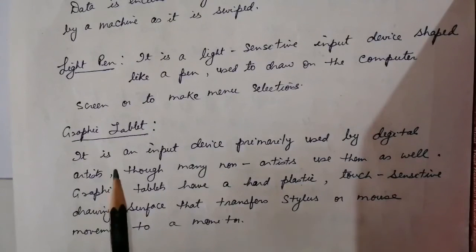It contains a tablet and a pen through which we adjust the pressure, which helps them paint in any application like Photoshop or any painting software. They can paint conveniently and easily, and with accuracy also. So all these are input devices.